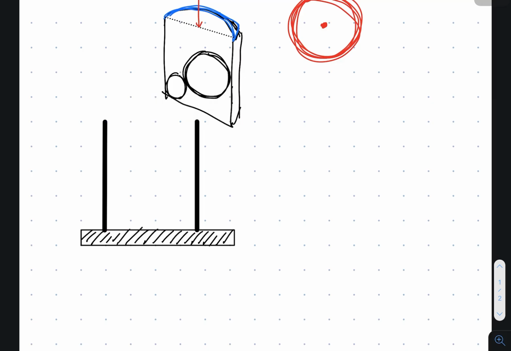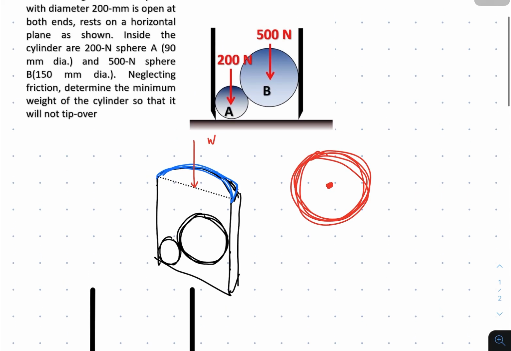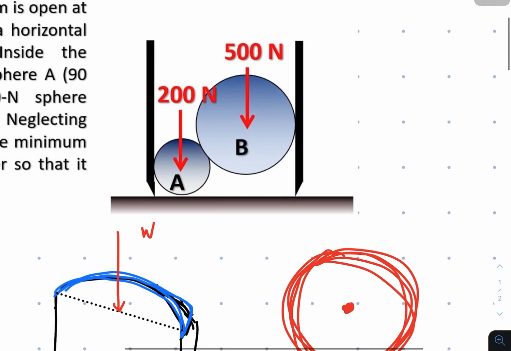So the cylinder has points of contact. The points of contact are between the spheres and the cylinder.